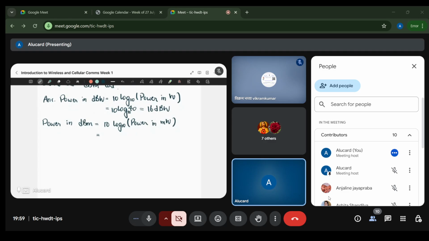That is expressed on a logarithmic scale. So here it's 40 watts, which is 40,000 milliwatts, and that will be 46 dBm.